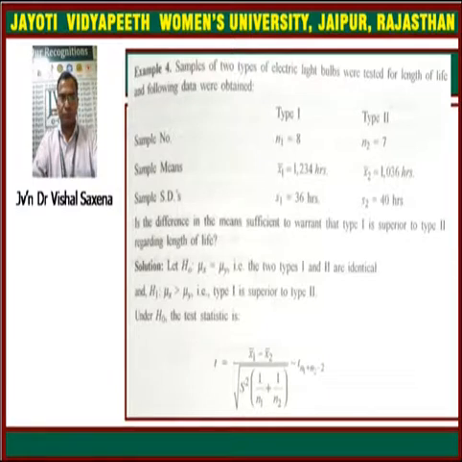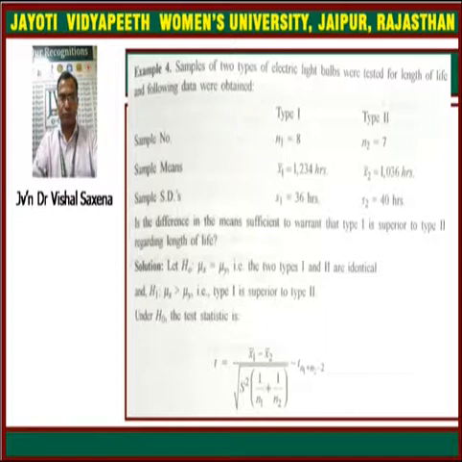According to the question we have to check whether the type 1 bulb is superior to the type 2 bulb in the concept of the length of life, meaning their duration. So we just have to compare them.